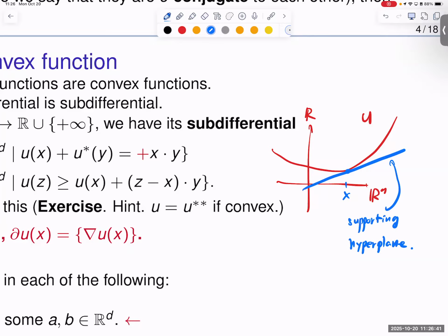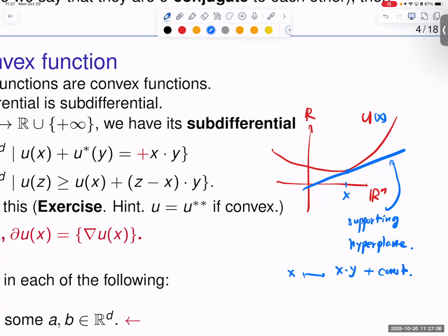A supporting hyperplane will have some equation like y dot x minus some constant, where the constant is a function of x.